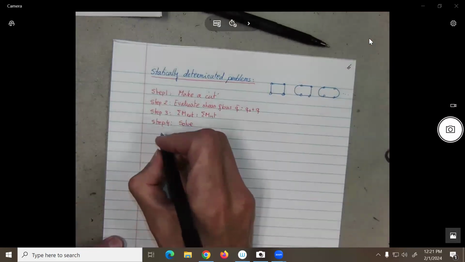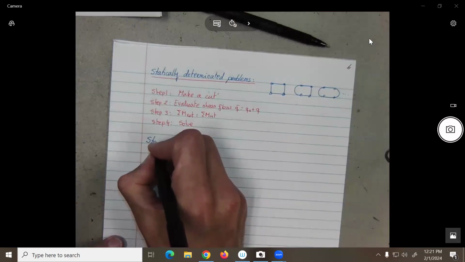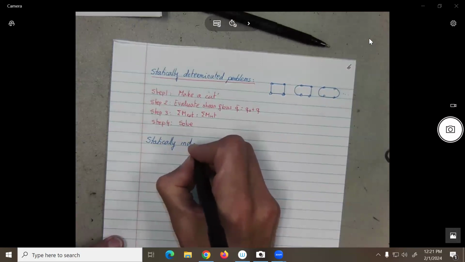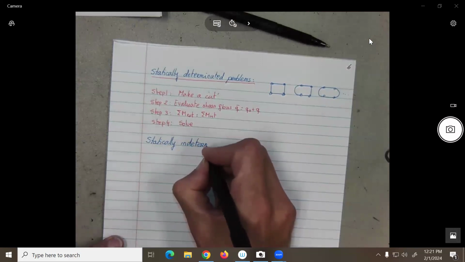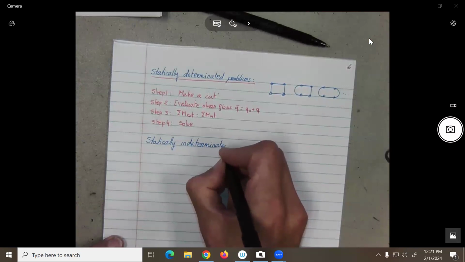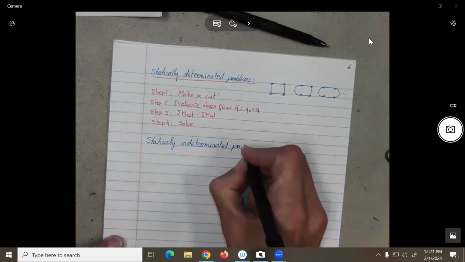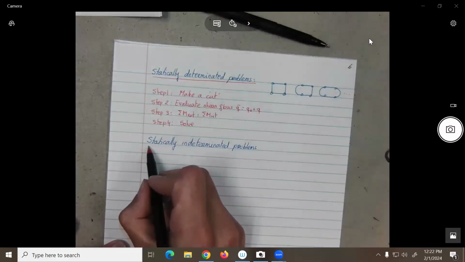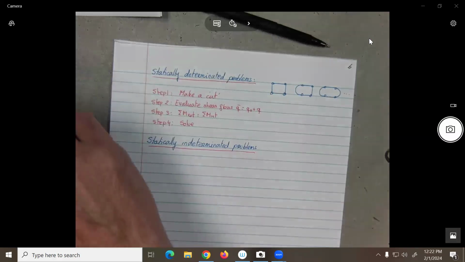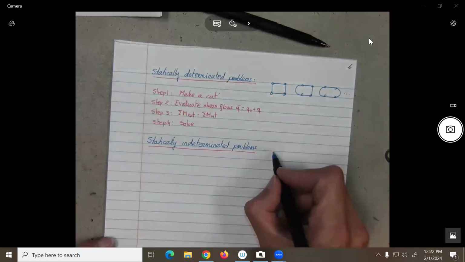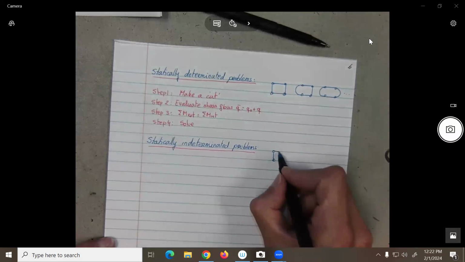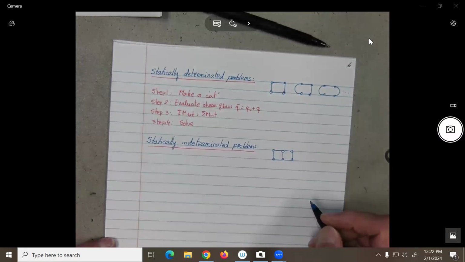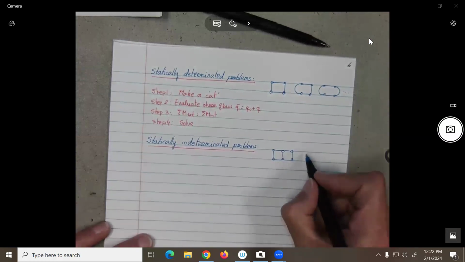What did we do the other day? Statically indeterminate problems. What would be these ones? You can have multiple cells, like the one we did the other day. Again, we could do the same as before.